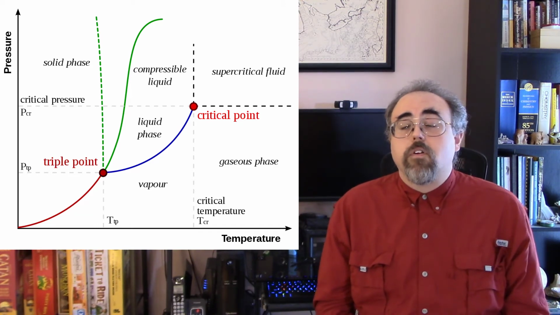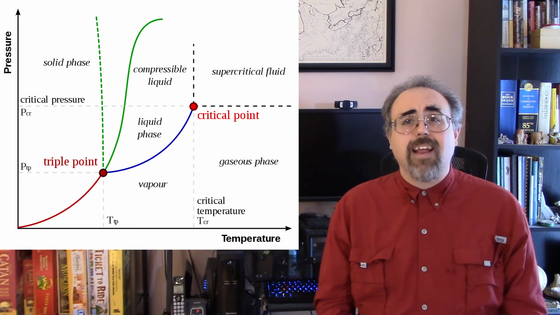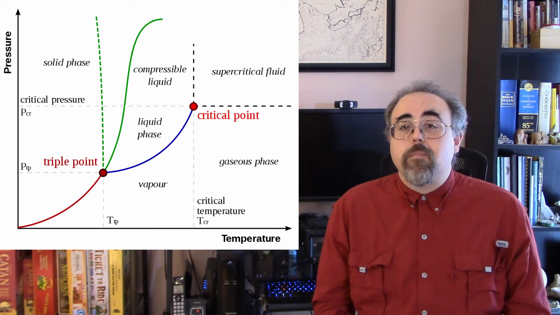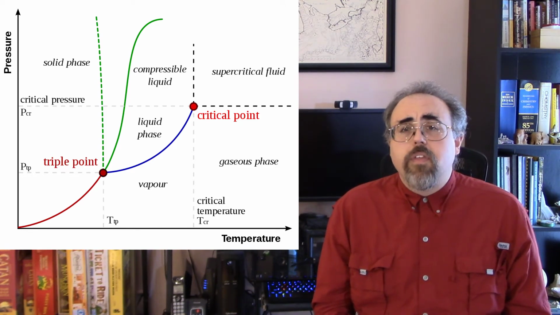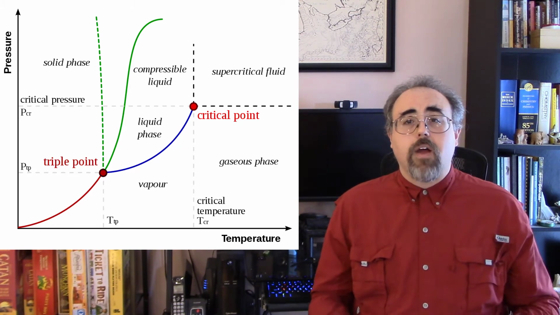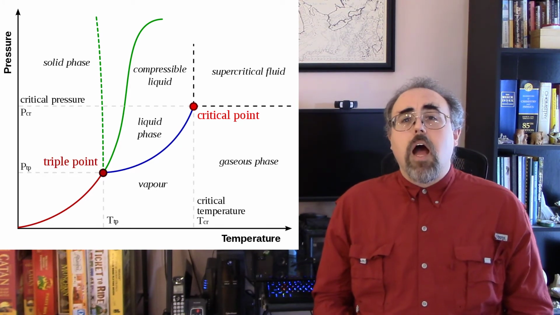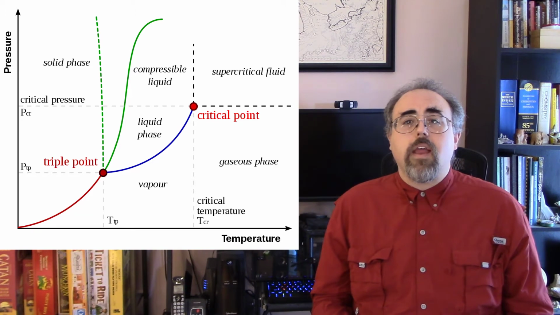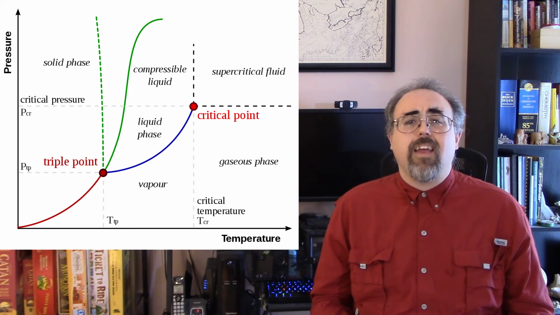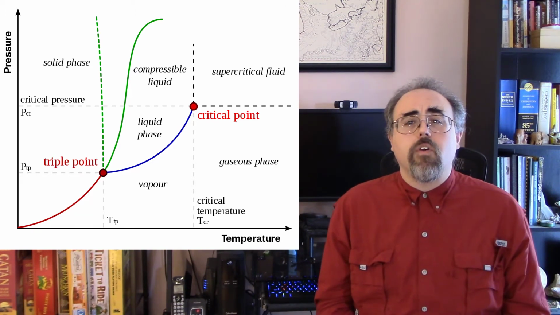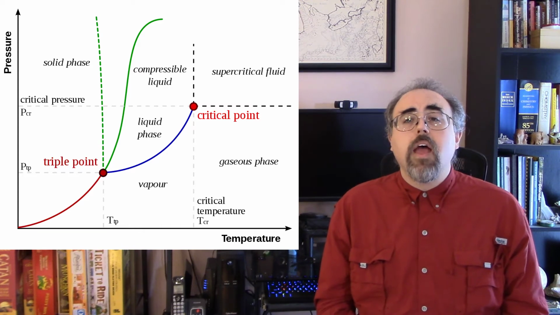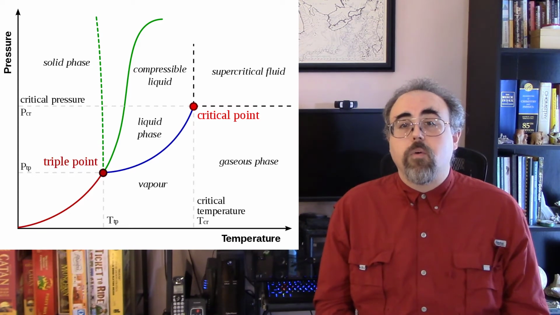Now, if you look at the graph a little more carefully, you will notice that the line separating liquid from gas does not keep going. It stops at something called the critical point. The critical point describes this interesting boundary. Beyond this, you get a region which is not a true state of matter, although it has some rather unique properties. This is called a supercritical fluid.